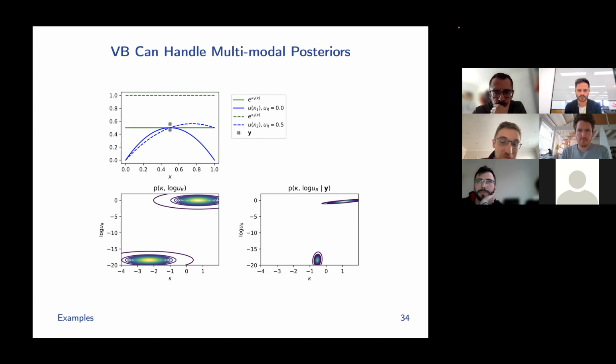So all we had to optimize was the mean of both components, and then also the variance of them, and the covariance between the two. The cross correlation, yes. Yeah, exactly. Okay. All right.